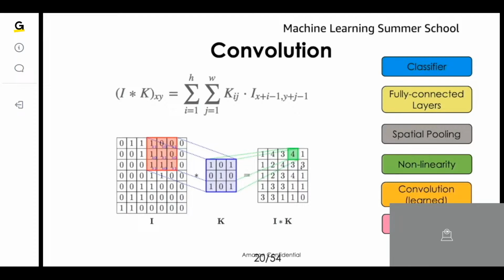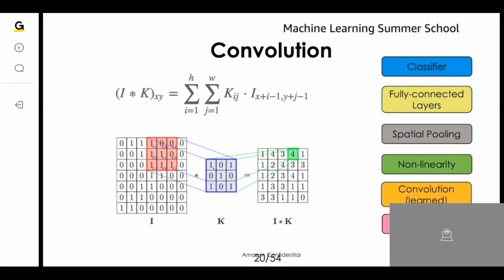Now, the most important block of CNNs, convolution. So, what is convolution? Convolution refers to the process of sliding a block of numerical values called a kernel or the filter over the image and taking dot products at each step. So you have this filter of dimension 3 cross 3, and you have an image of dimension 7 cross 7.